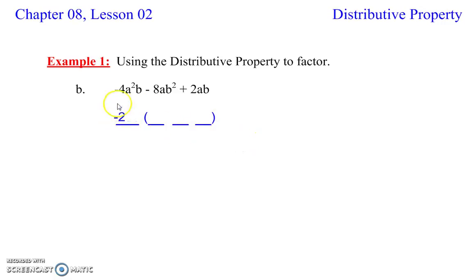So factor out the negative, and then I have an a in each one of them, and a b. So now we'll go through and divide each by negative 2ab. Gives me 2a for this term, 4b here, and then finally negative 1 for my last term.